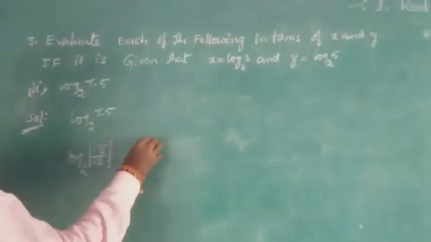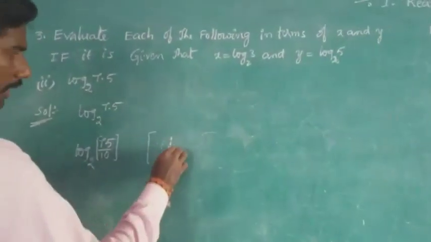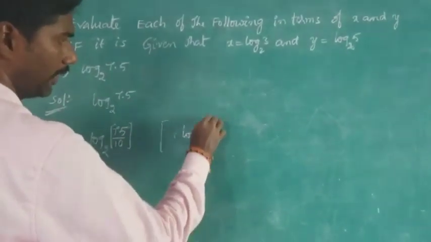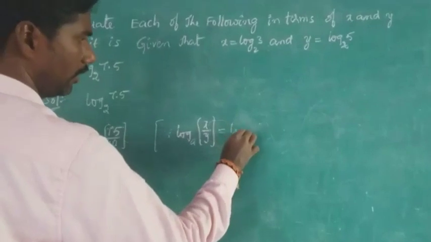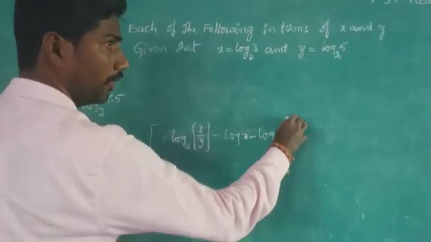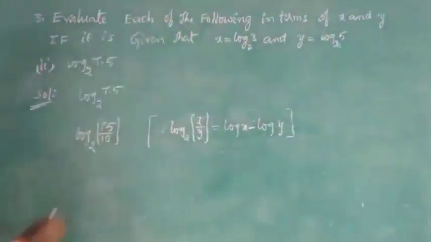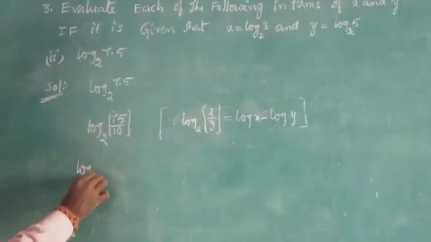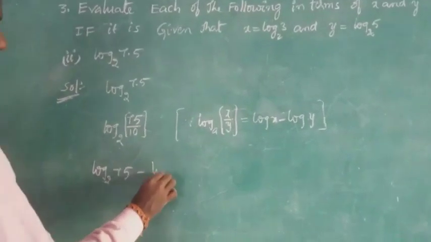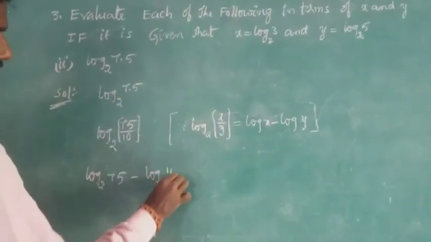Then we have the formula. What is the formula? Log of x by y you can write as log x minus log y. So you can write log base 2 of 75 minus log base 2 of 10.